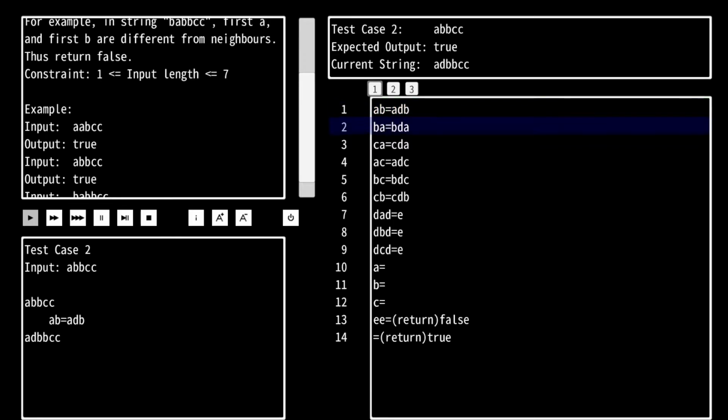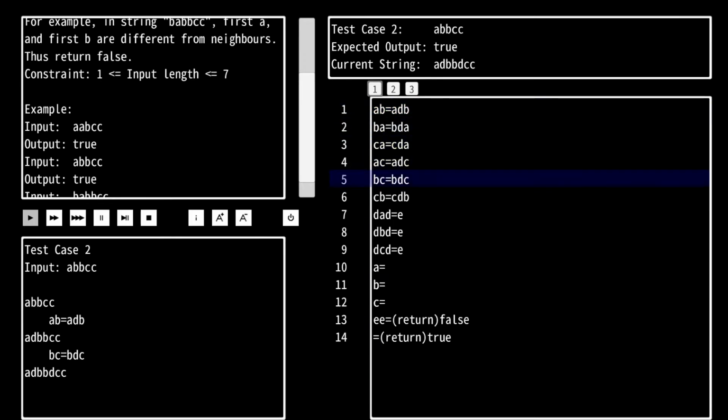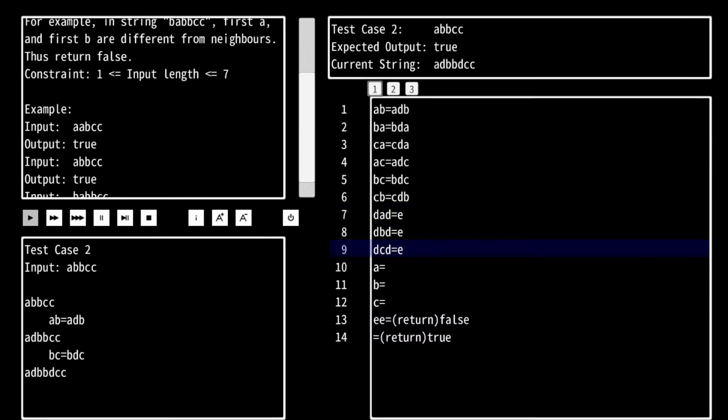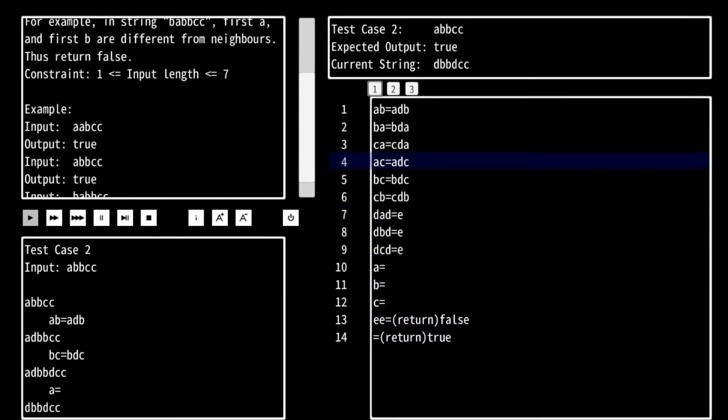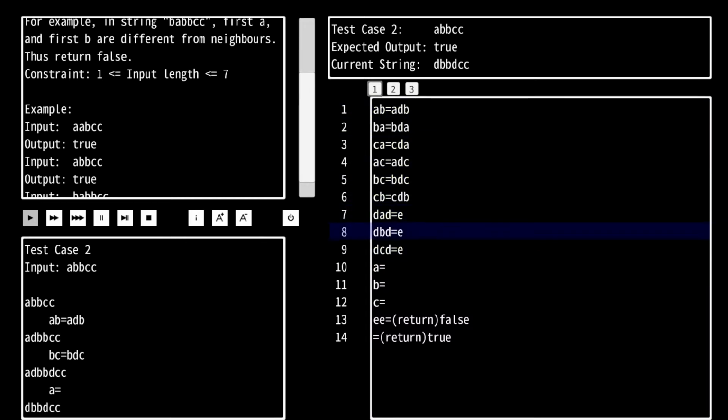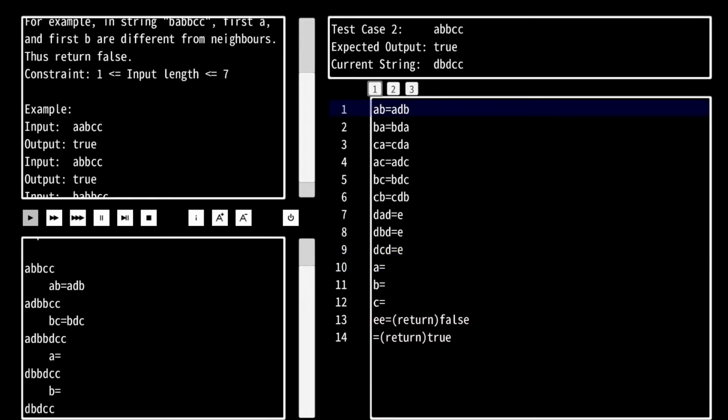Otherwise, it's true. Wait, have I cooked? Look, the D's don't even matter, right? Because it's just looking for E's. I can keep the D's there. It reduces all the letters down.